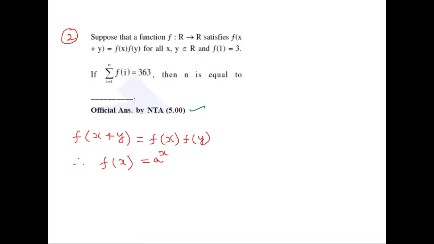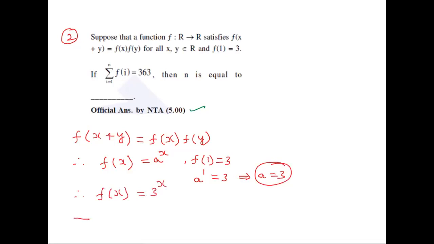And they have given f of 1 is equal to 3. F of 1 means a power 1, that is equal to 3. So finally we got the value a is 3. Therefore f of x is equal to 3 power x.